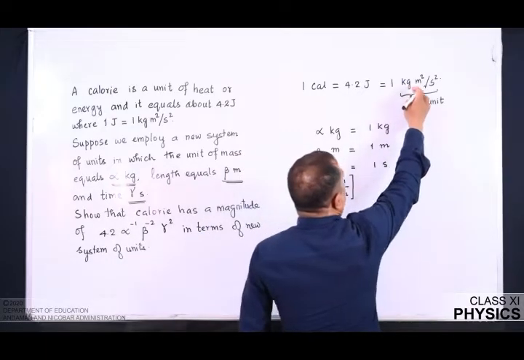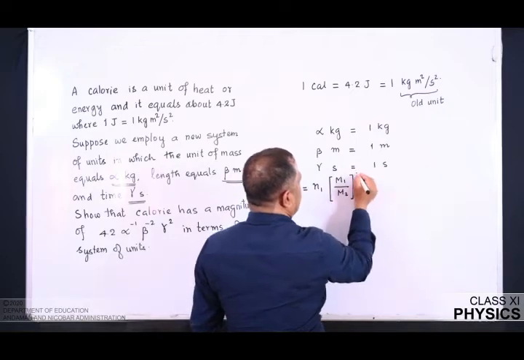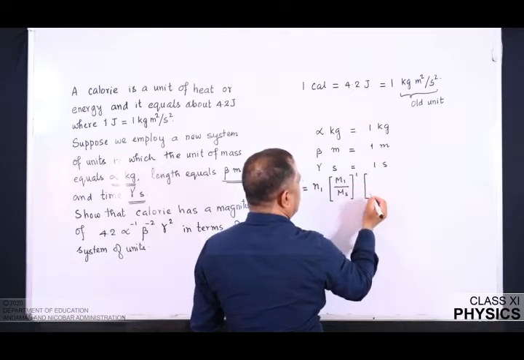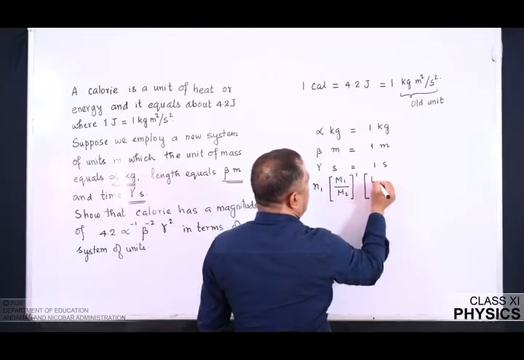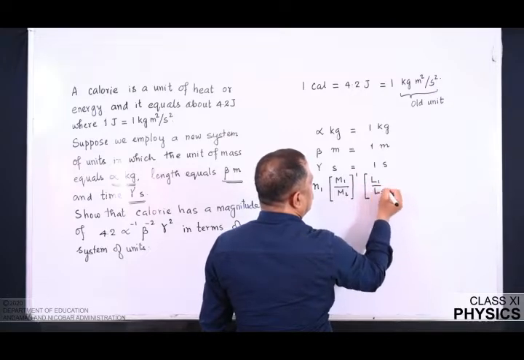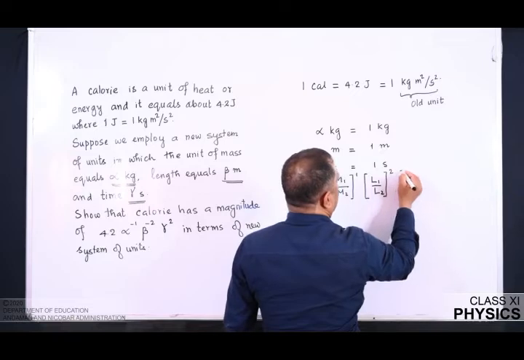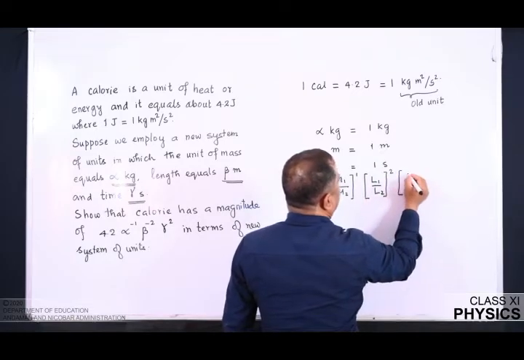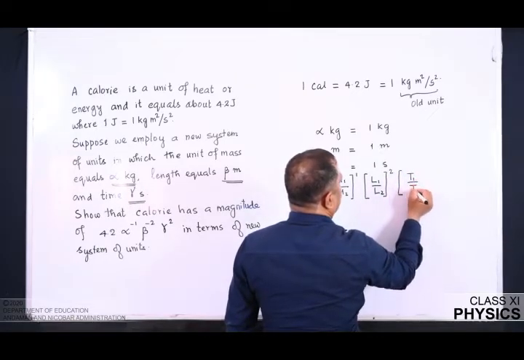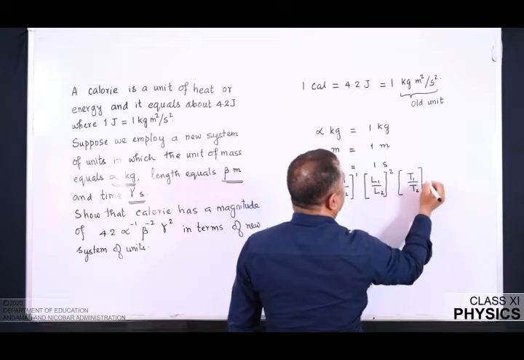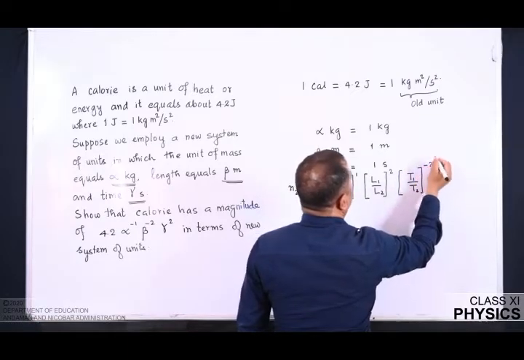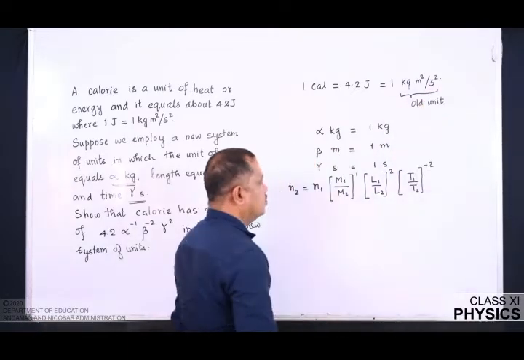So I have here for mass the dimension is 1, M1 over M2; L1 over L2, the dimension is 2; and T1 over T2, the dimension is minus 2. The dimension is minus 2.